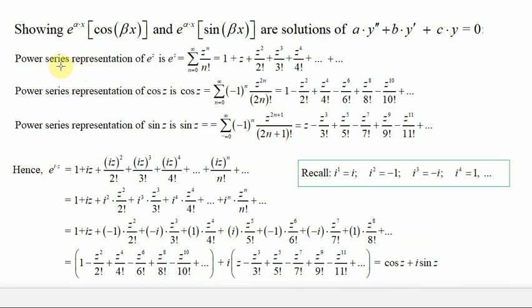Recall that the power series for e to the z is 1 plus z plus z squared over 2 factorial and so on. The power series for cosine of z is 1 minus z squared over 2 factorial plus z to the 4th over 4 factorial and so on. And this is the power series representation for sine of z.